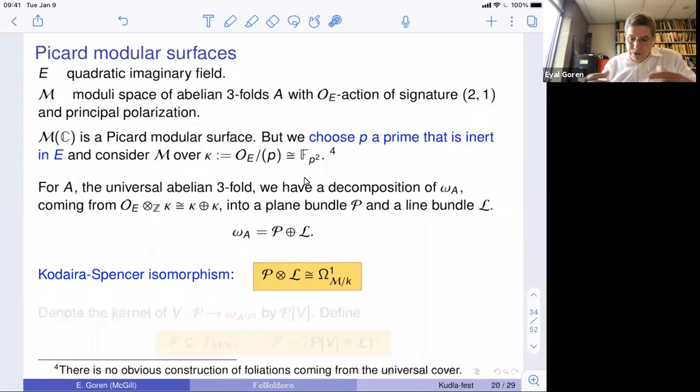Okay, so there's the decomposition of omega A this way. And this is the Kodaira-Spencer isomorphism in this case. P tensor L is isomorphic to the relative omega 1 of the differential of M.